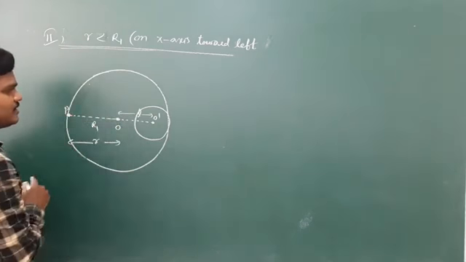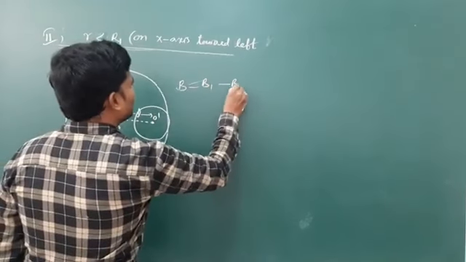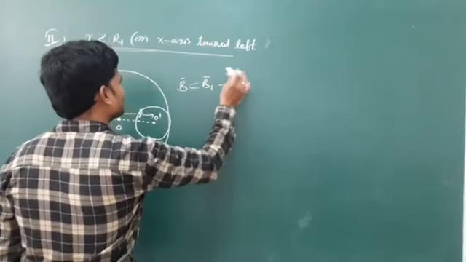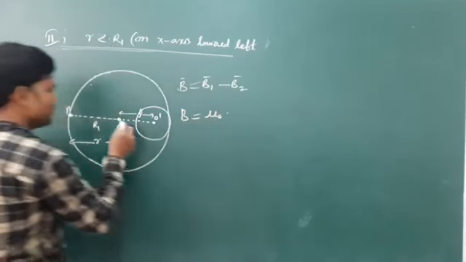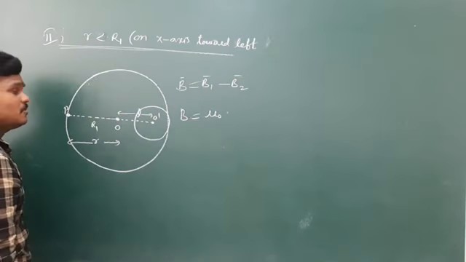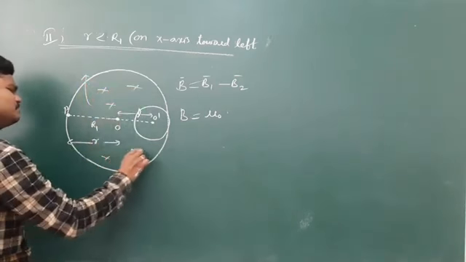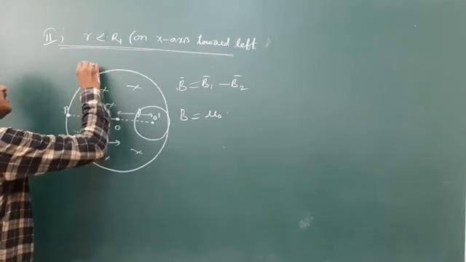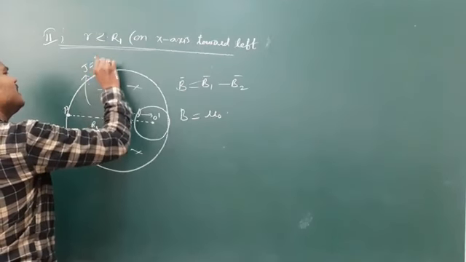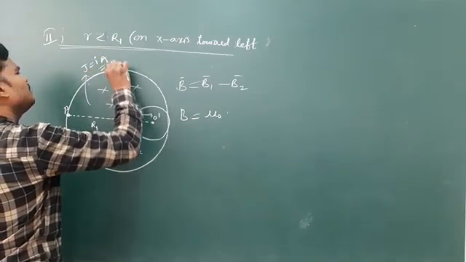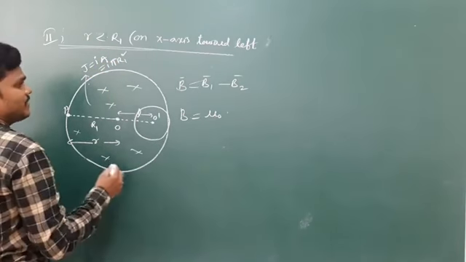So at this point, again the net field is B1 minus B2, of course vectors. So B is equal to mu naught I. What is I? Due to this, of course, inward current, I is J into A, J into pi R1 square.